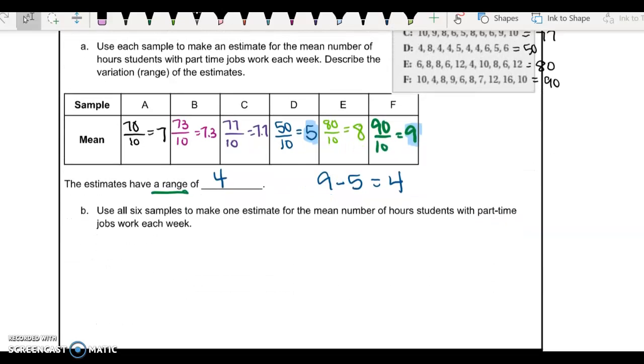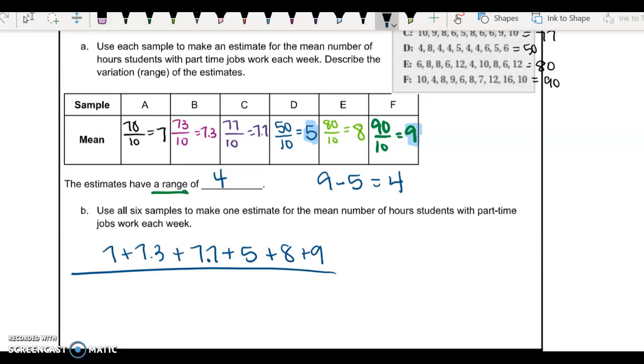Then it says, use all 6 samples to make one estimate of the mean number of hours students with a part-time job work. So we are going to add up all of those 6 averages we just got. So we're going to do 7 plus 7.3 plus 7.7 plus 5 plus 8 plus 9.